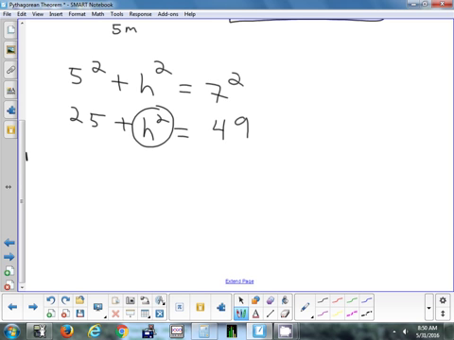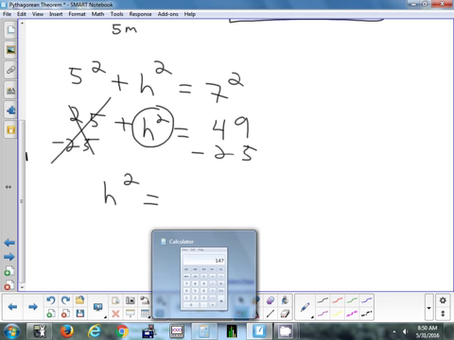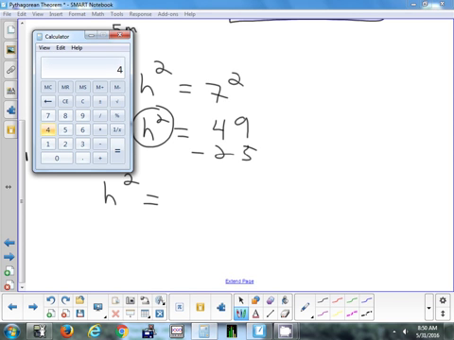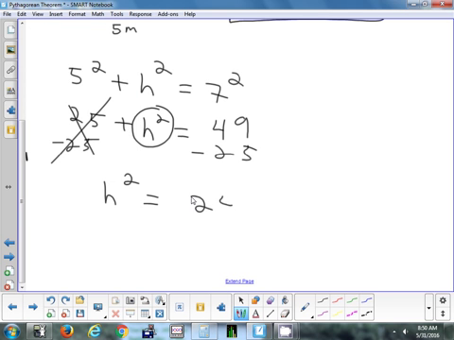Anybody tell me my next step to get that h squared by itself? Minus 25. Yep. Okay, we got a minus 25 from both sides. And we get h squared. Now let's do 49 minus 25. 24. So does that mean the height of my triangle is 24? No. I got one more thing to do. No, don't divide by 2.